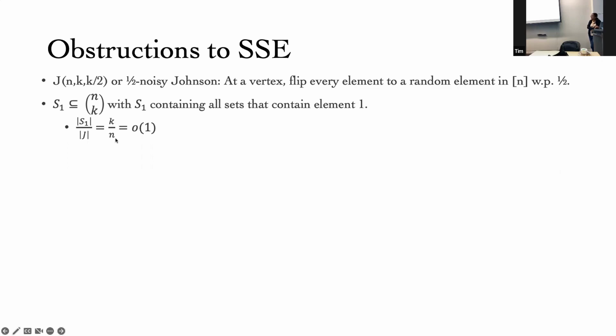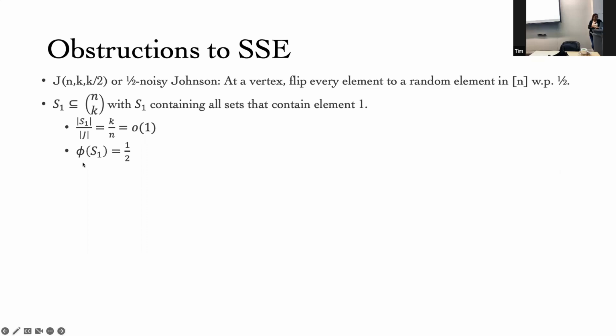This is just by calculation: it will be something like n minus 1 choose k minus 1 divided by n choose k. So it's k over n. And we will always think of k as a constant and n as growing, so this is little o of 1.